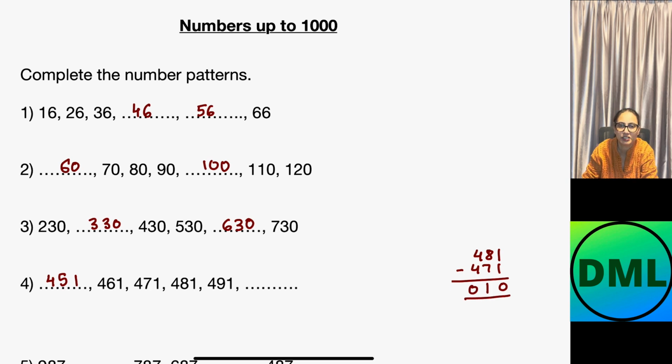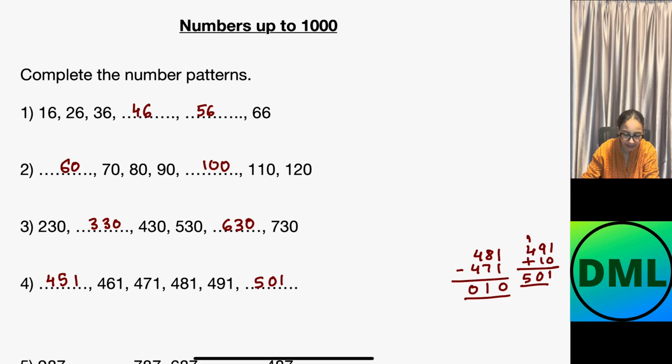That means the difference between both the numbers is positive 10. If I add 491 plus 10, what will be my answer? Let's add it here. 1 plus 0 is 1. 9 plus 1 is 10, which is 0 here. 1 carry over and 4 plus 1 is 5. 501. My next number will be 501.